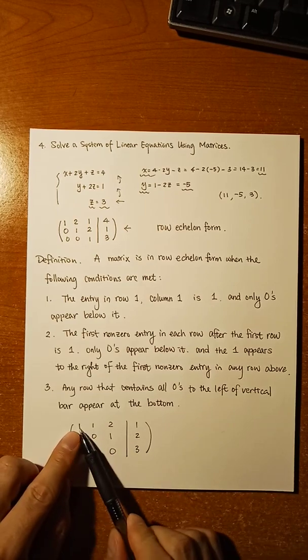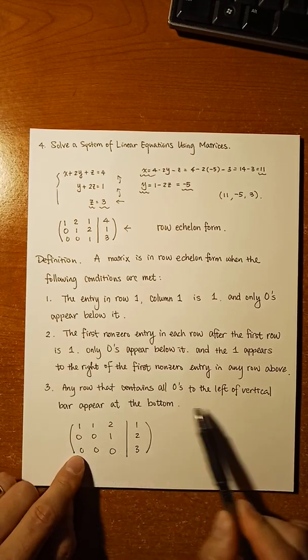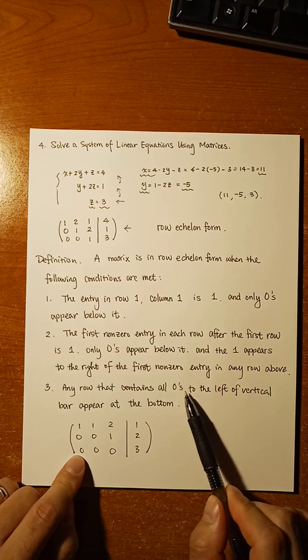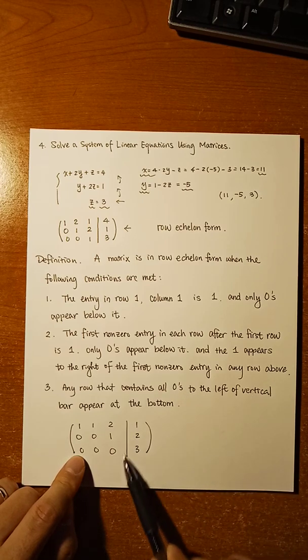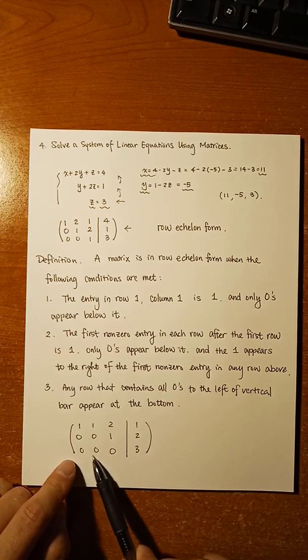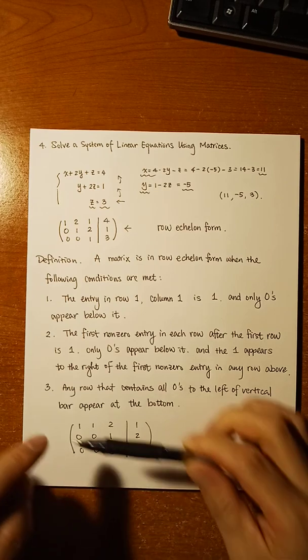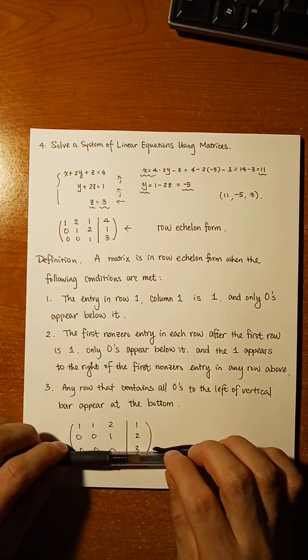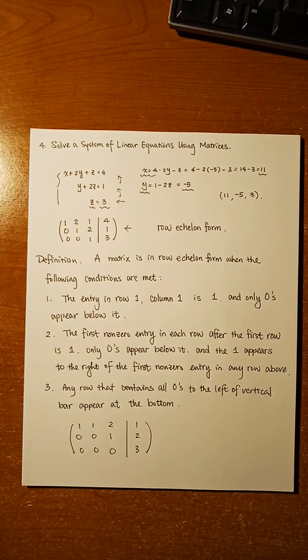It's on the right side of this one. And any row that contains all zeros to the left of the vertical bar, this row contains all 0, will appear at the bottom.